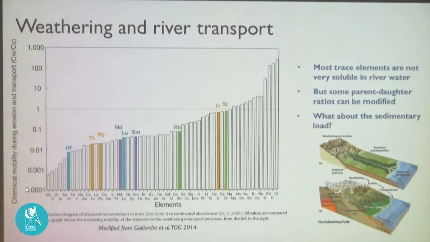It's a log scale. When the number is small, it means the element doesn't go in the water phase. And when it's very high, like at this end, it shows that it's very soluble and goes in the water phase. Most elements are not very soluble. You see that they're below 1.